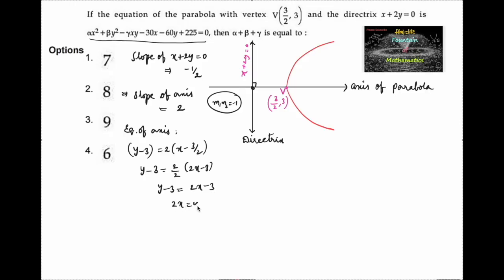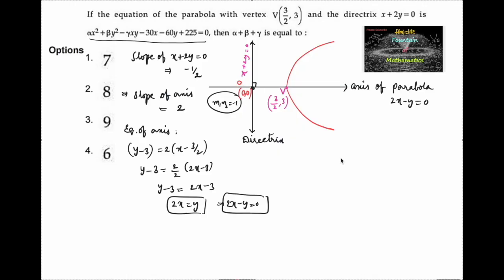So 2x is equal to y, or we can say 2x minus y is equal to 0. So this is the axis of parabola, 2x minus y is equal to 0. So the point of intersection of these both, clearly we can see, is the origin, (0, 0).